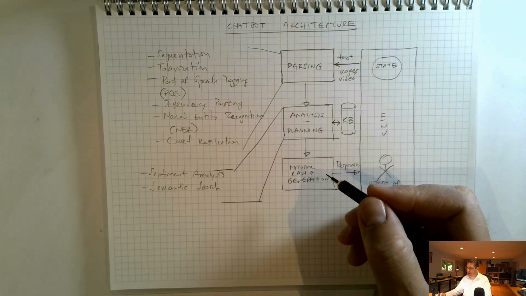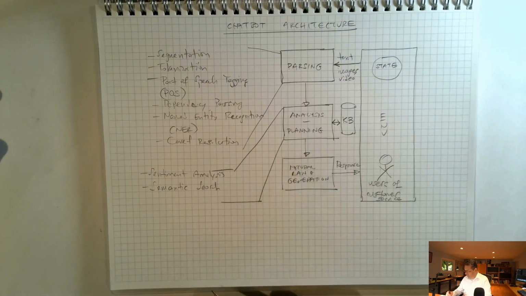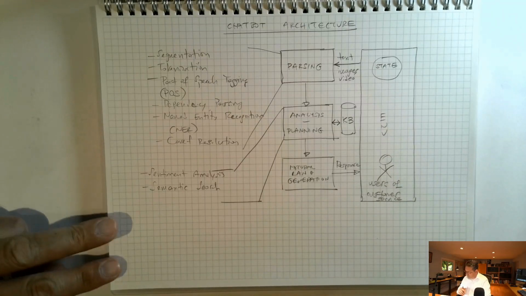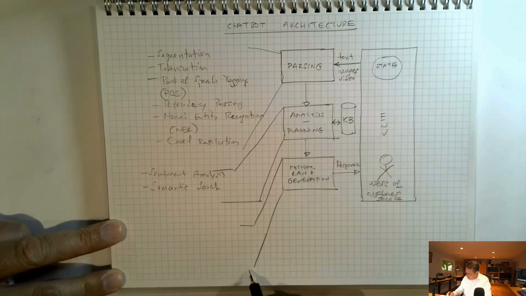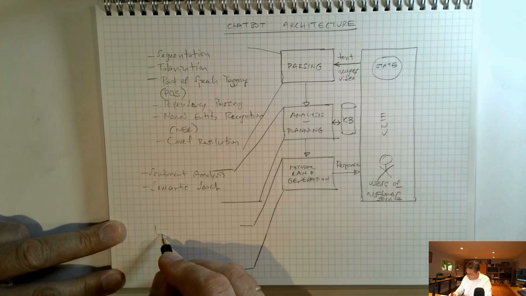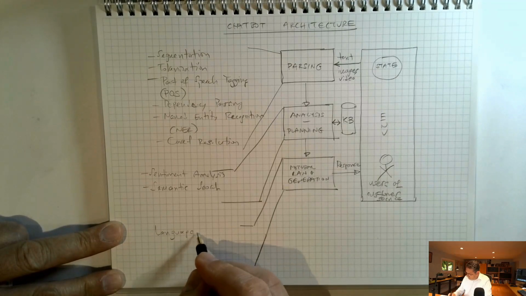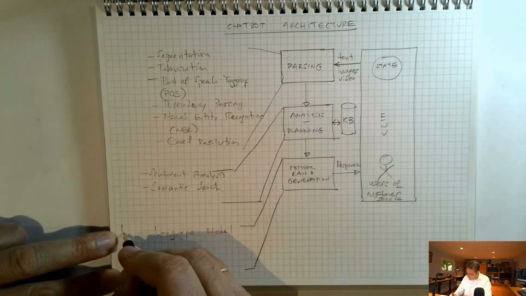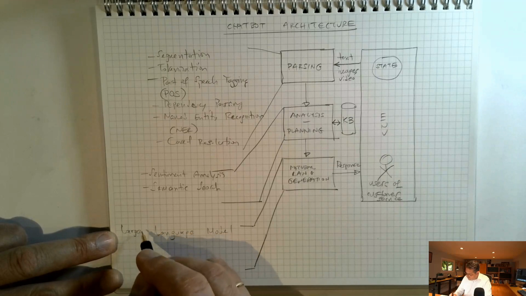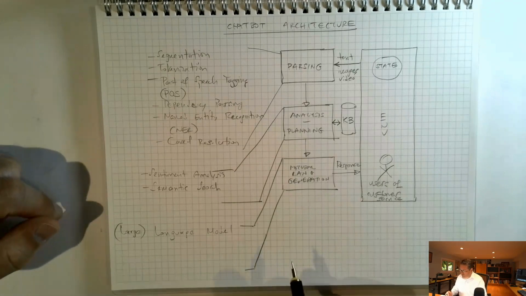This could potentially act as a prompt for the subsequent block of natural language generation, where of course a lot of things are happening, but definitely we will have to have the so-called language model. And as of recently, this is qualified with foundational models called large language models.